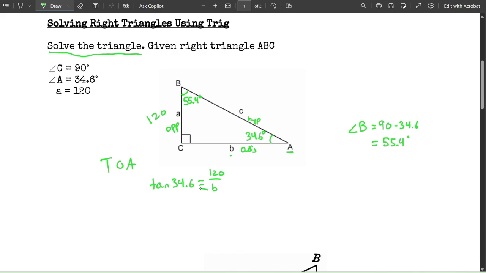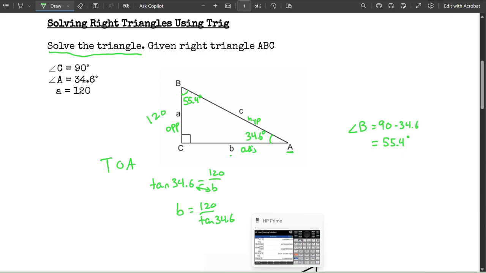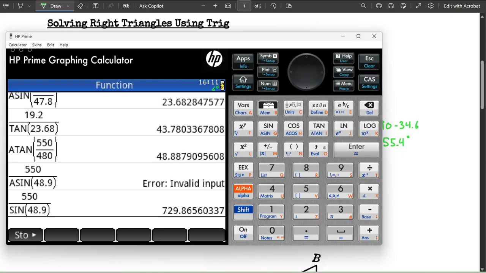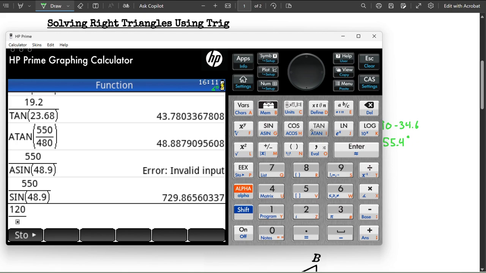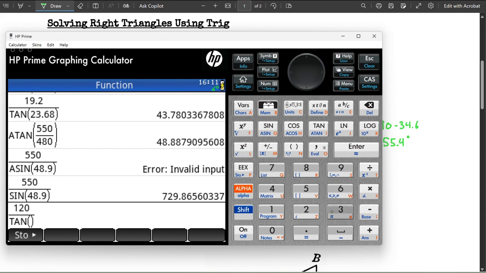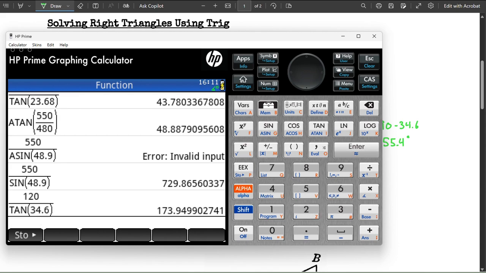We are going to cross multiply and switch, and we get B equals 120 divided by the tangent of 34.6. If we go to the calculator, 120 divided by the tangent of 34.6 is going to equal 173.94.